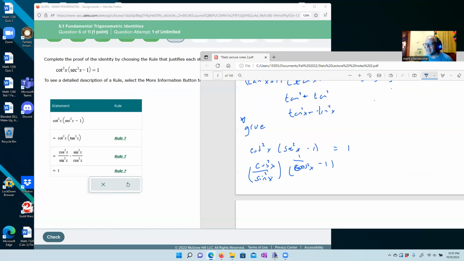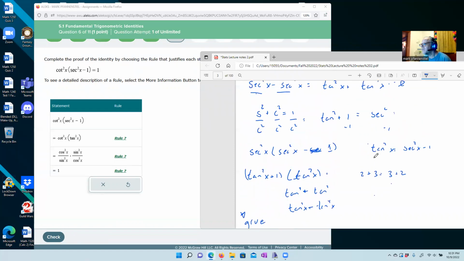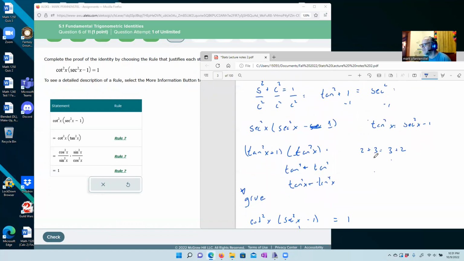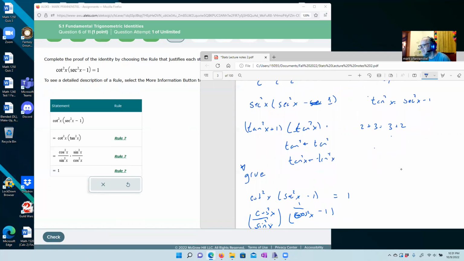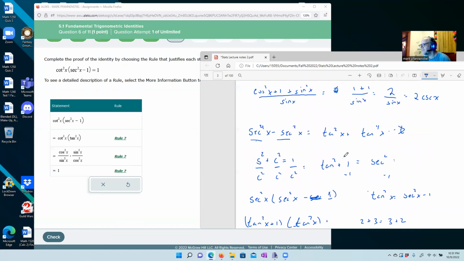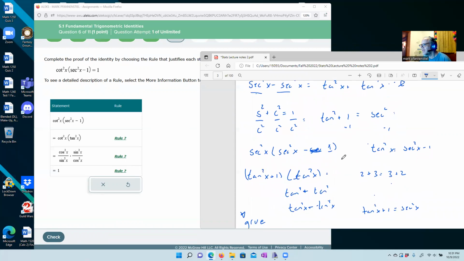So that's something that could work. I'm looking at my options here, and I kind of like cotangent squared and tangent squared here. So let's go back and remember what secant squared is. Tangent squared plus 1 was equal to secant squared. That's going back up to this idea.